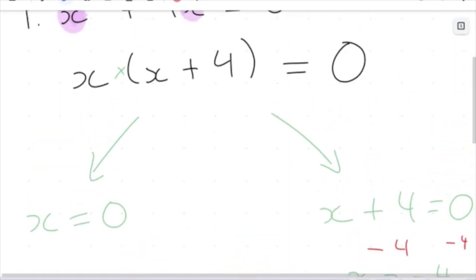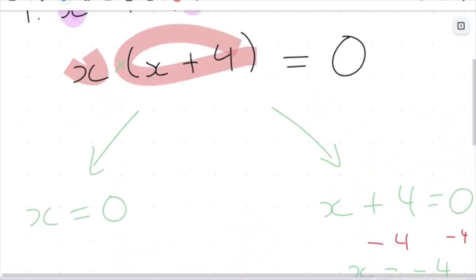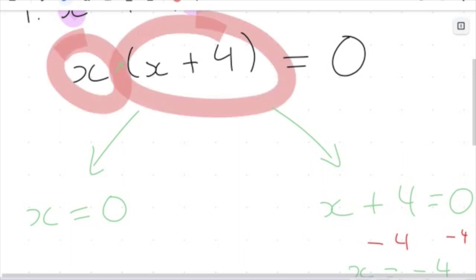Now in this case, my a is my x, my b is my x plus 4. So I'm pretty much just trying to find cases when each of these terms will be 0, and for what value of x those will be 0.